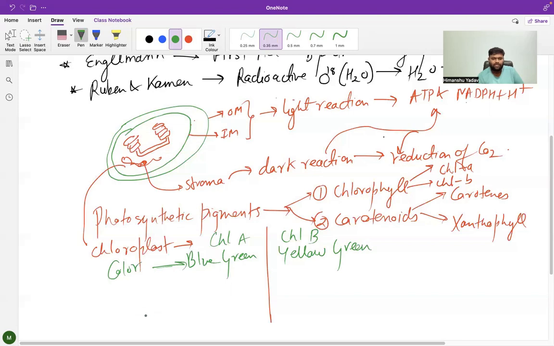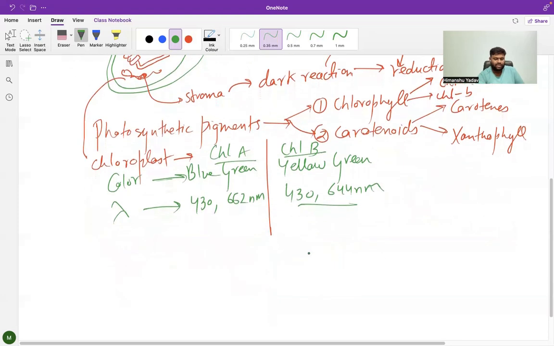The maximum wavelength is around 430 to 662 nanometers in the case of chlorophyll A, whereas it is around 430 to 644 nanometers in the case of chlorophyll B.